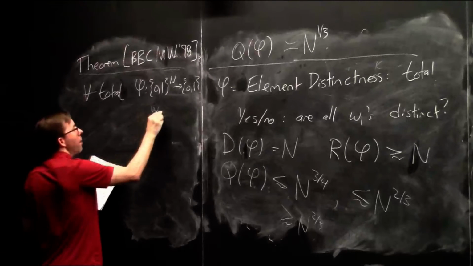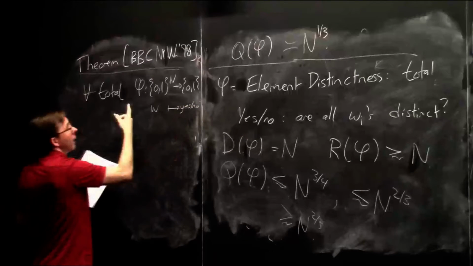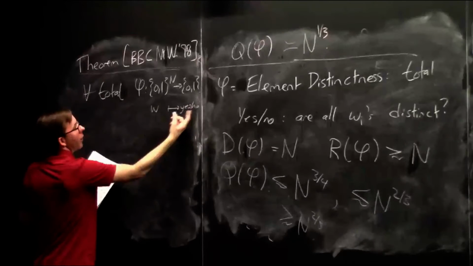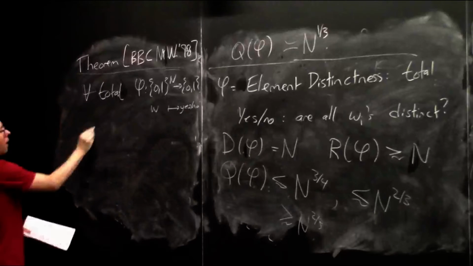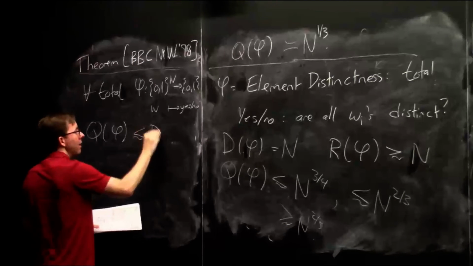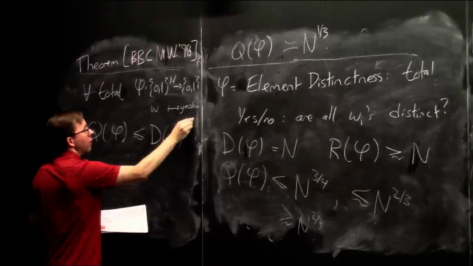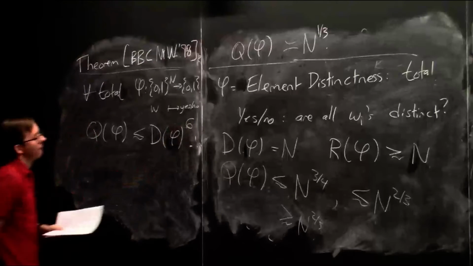This is a problem that maps a string to yes, no. That's how you can think of a total problem. It's something that maps every string to the correct answer, yes, no. The quantum query complexity is, quote unquote, not much more than the deterministic query complexity, well, to the power of 6.